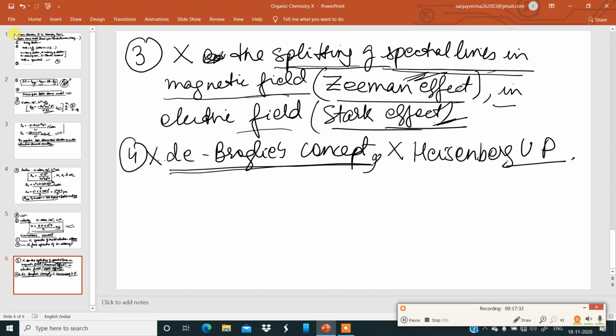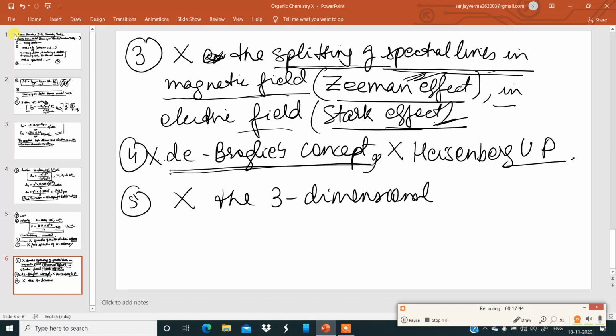The last limitation, number 5: Bohr's theory also does not explain the three-dimensional structure of the atom. So these are the limitations which you must keep in mind.